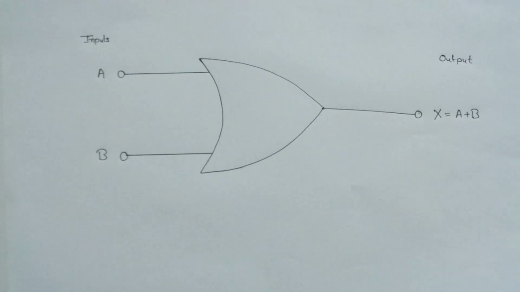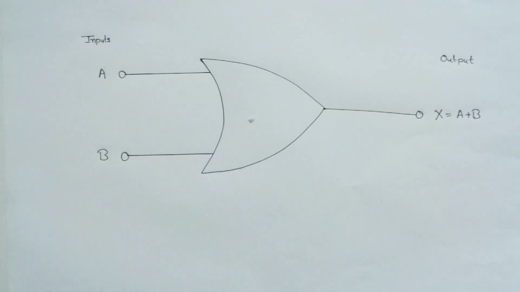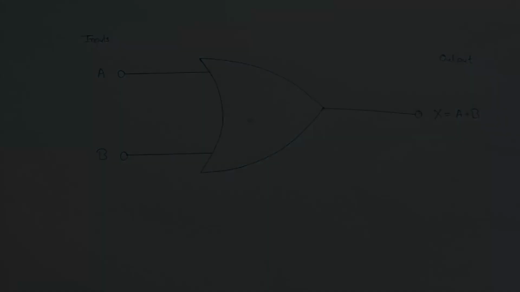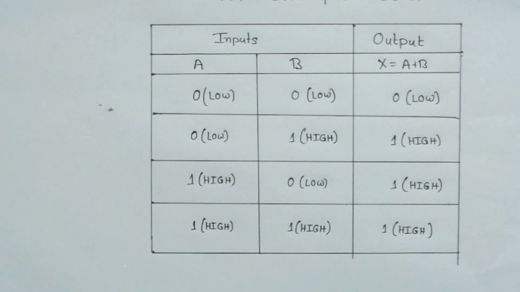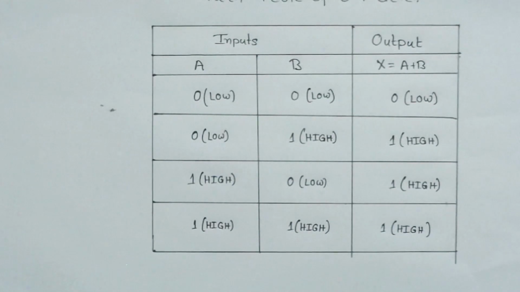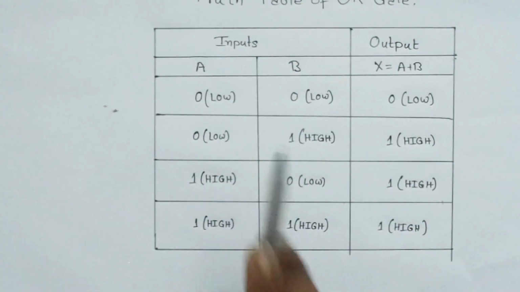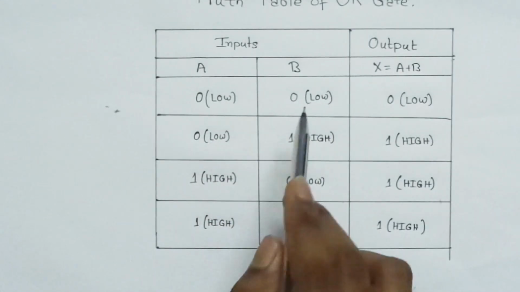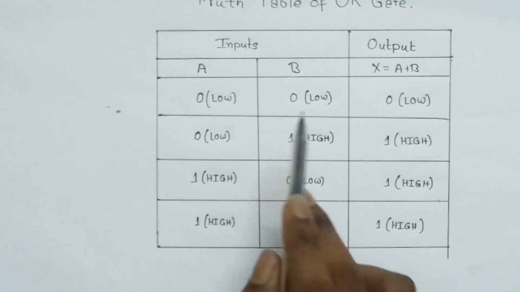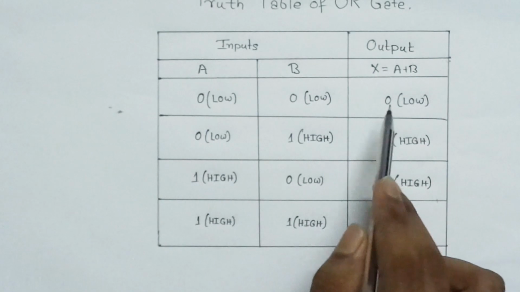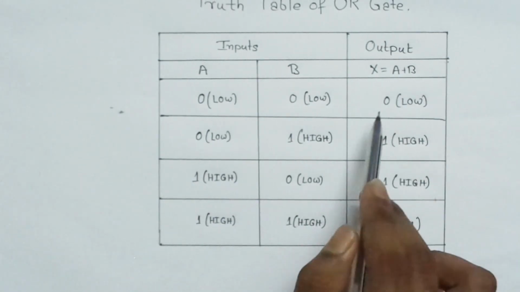If we try to record the combinations of the inputs and the respective outputs, we will get what is called the truth table. Now this is the truth table of the OR gate. It has two inputs and one output. When input A and input B are both digital low or 0, we get a digital low or 0 at the output.